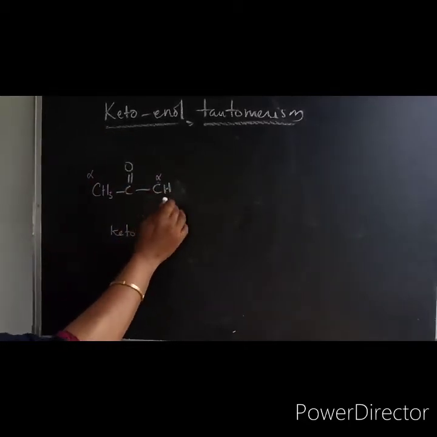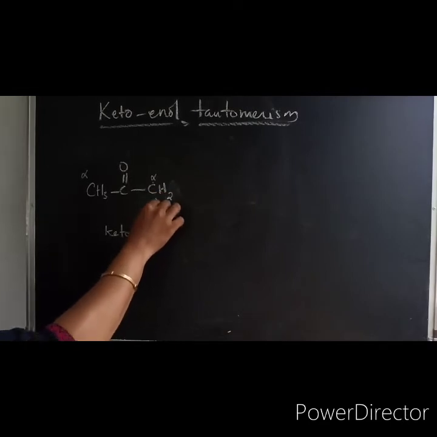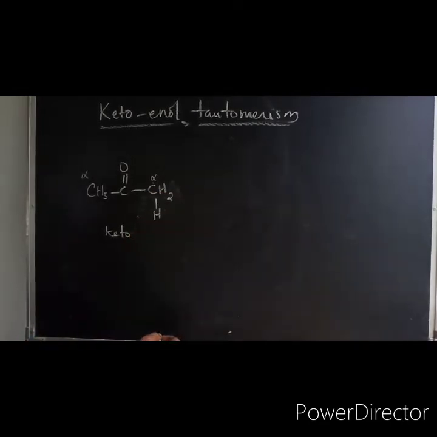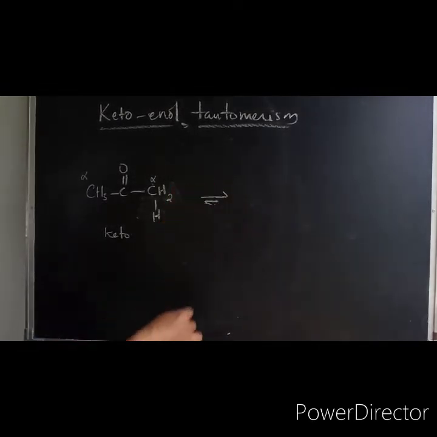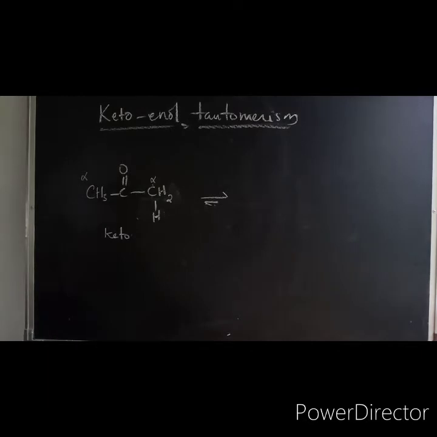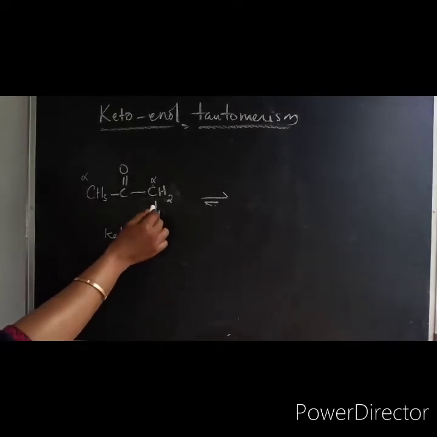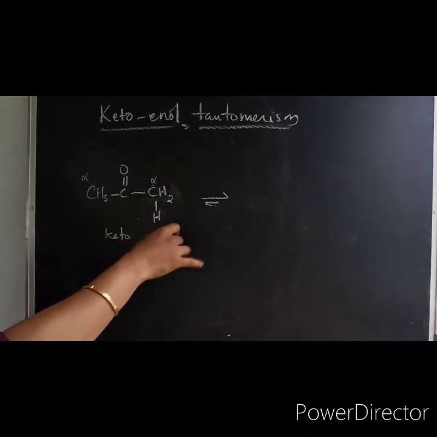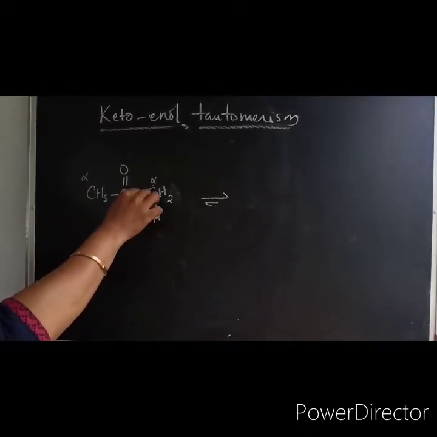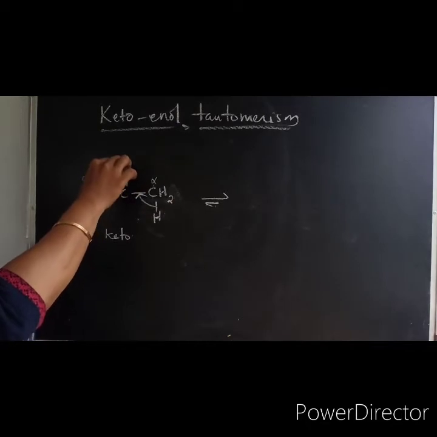So I am writing one of the hydrogens here in order to show the keto-enol tautomerism. Tautomerism is another kind of resonance-type stabilization. Here you can see this hydrogen is loosely held, so it will easily go. It will be shifted to here, and this pi bond will be shifted to oxygen.